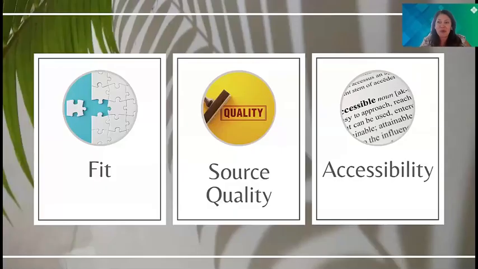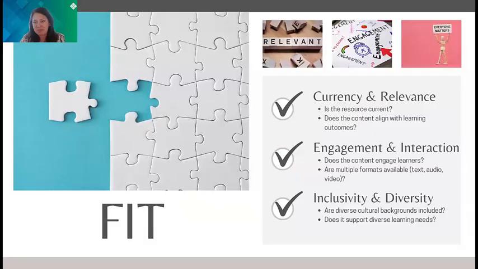Thanks, guys. So we've looked at these in 3 main areas: fit, source quality, and accessibility. And we're going to define accessibility as a broader topic. I know typically when I refer to accessibility, I'm referring to digital accessibility, but we're going to also look at it in terms of increasing access beyond just disabilities, which many may associate it with.